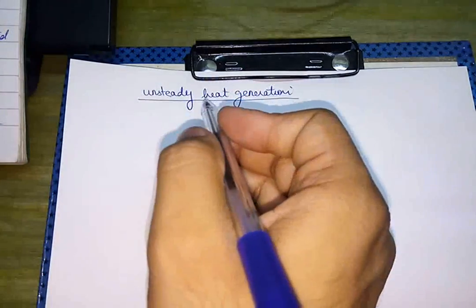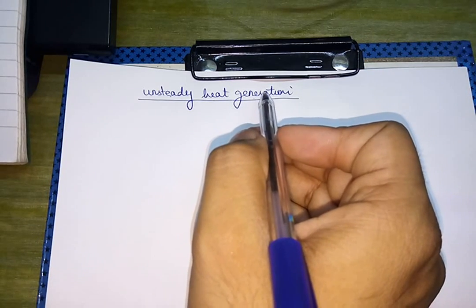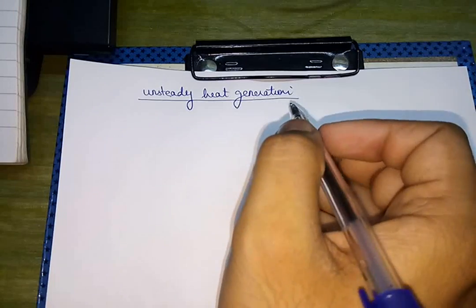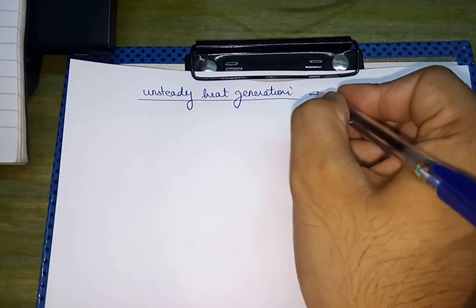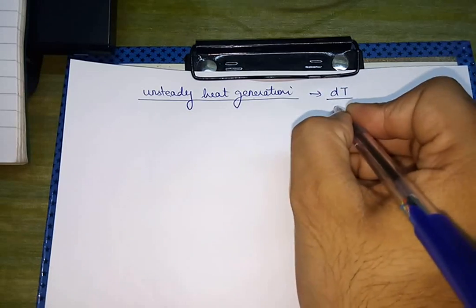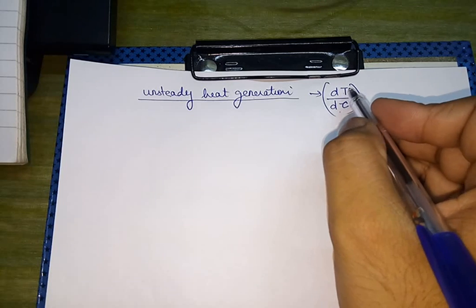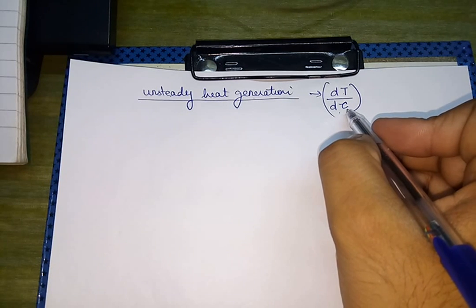It is changing with respect to time, such that the heat generation changes with respect to time. Now we will have a time varying temperature gradient, dT upon d tau, when the temperature is changing with respect to time.